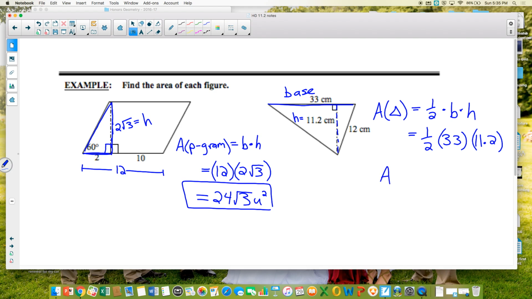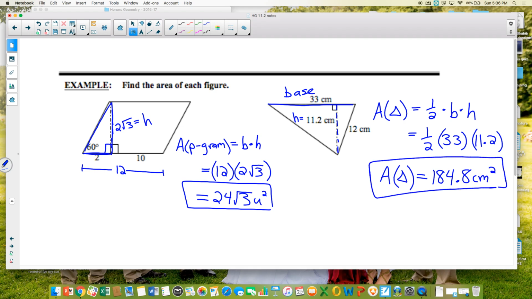So in the end, if you take out your calculator, the area of this triangle is 184.8, and then we find the label of this is centimeters, so 184.8 centimeters squared is the area of this triangle.